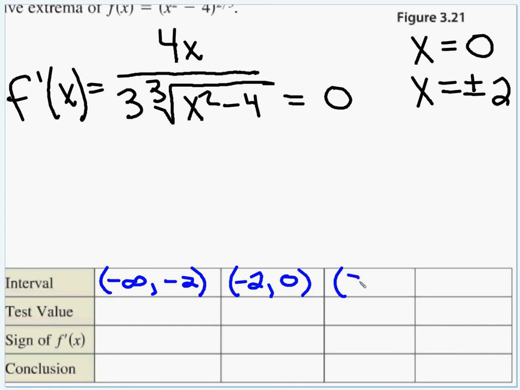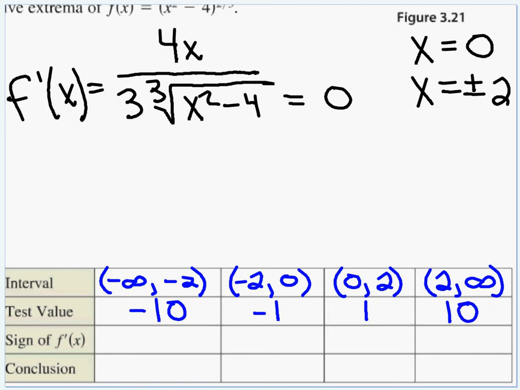Then 0 to 2, and our final interval, 2 to infinity. Let's pick our test values. First one, a good one will be negative 10. Negative 2 to 0, we're going to go with negative 1. 0 to 2, 1 fits in there. And 2 to infinity, we'll do a nice whole number, 10.